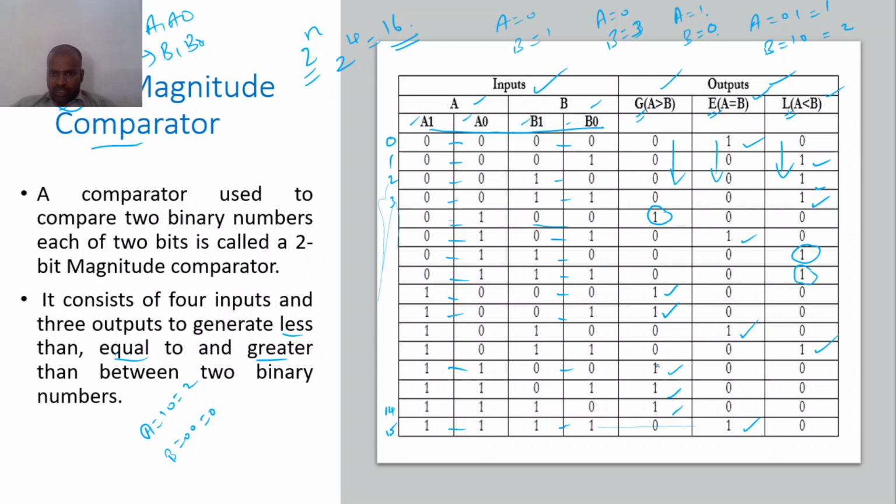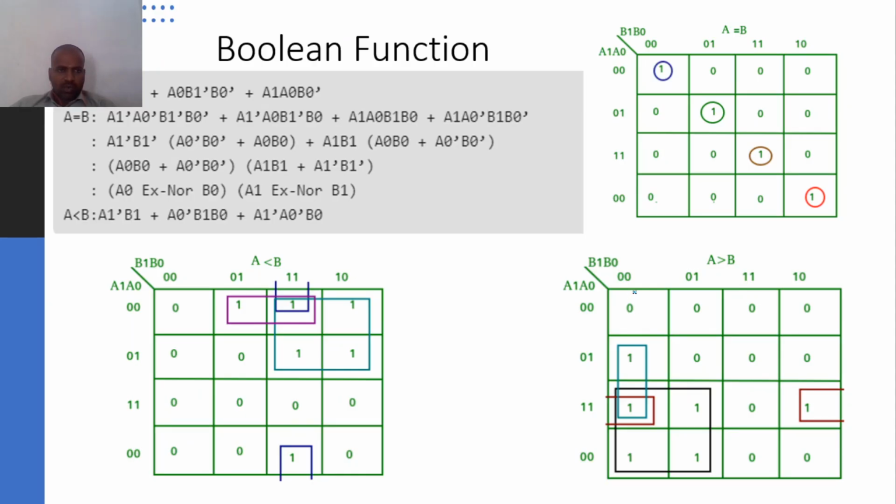1 2 3 4 5 6, in 6 places value 1 is there for greater than. Places 1 2 3 4 5 and 6. So see how many groupings are possible.